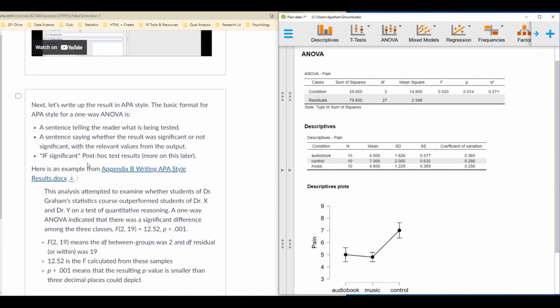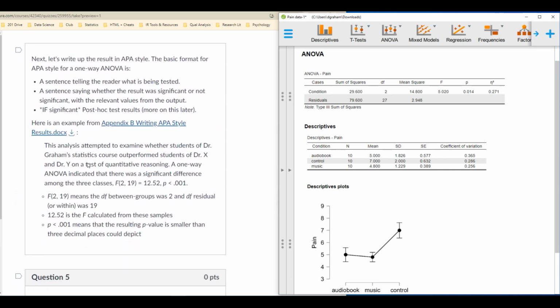Now, we're going to be writing up our results, again, in APA style. This is one of the most commonly used ways of communicating research and statistical findings in many fields, not only psychology. It's the American Psychological Association, APA, but not just in psychology and not just in America. It's also used pretty widely in the social sciences and education, lots of different fields.